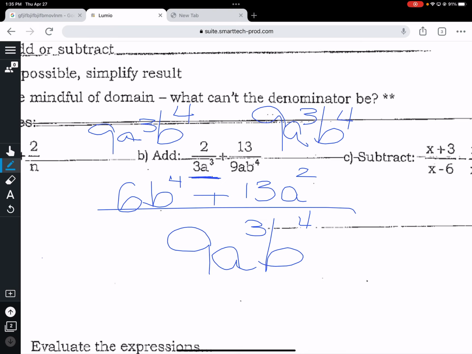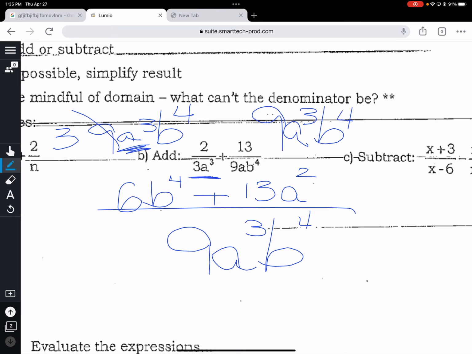She asked, could we not cross that out? On your work, I would certainly let you see that we've gone from a cubed to a cubed, and maybe you make that a 1. But don't change the final. Don't change the 9a cubed b to the fourth. But on your workspace, absolutely. That would be very helpful visually to get rid of that part.